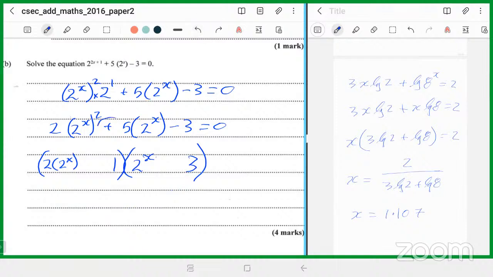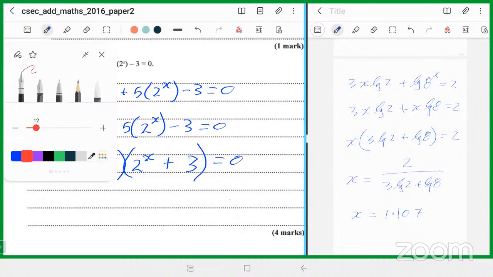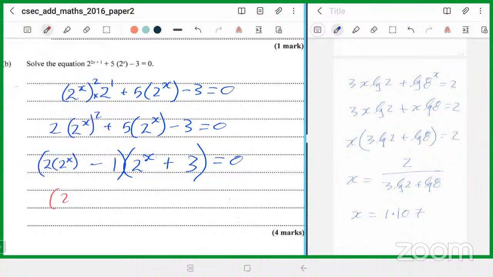So I want the larger product to be positive. This is a plus, this is a minus, equals 0. If you use y, it would be 2y minus 1, y plus 3 equals 0, if you wrote the equation as 2y squared plus 5y minus 3 equals 0. But I'm not using the y.